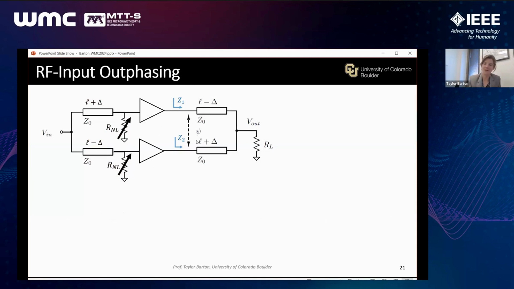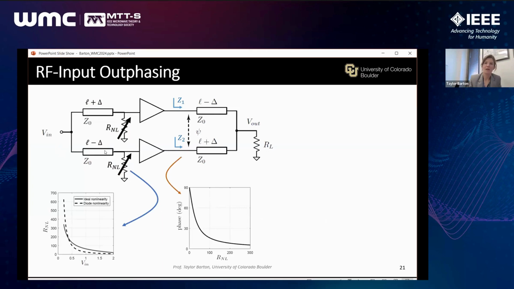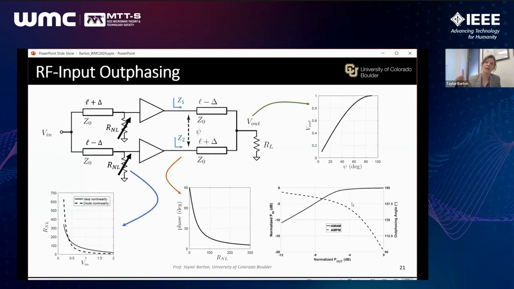I realize that was very quick, but essentially I have an input, a nonlinear resistor changing as a function of input. That creates a power-dependent phase, which creates a phase-dependent output voltage. And when you put it all together, you actually recreate that input signal split.